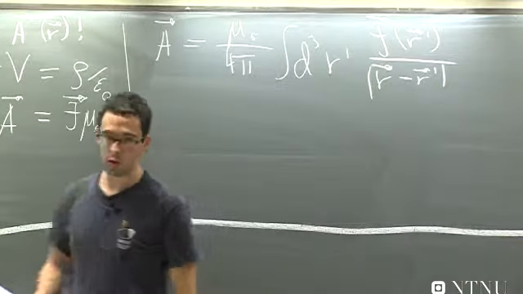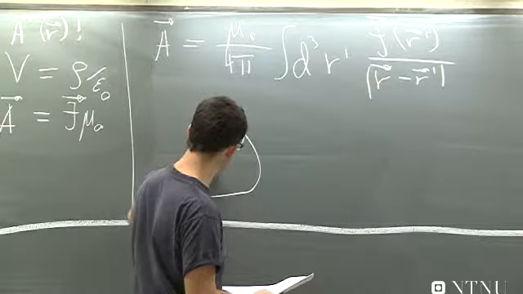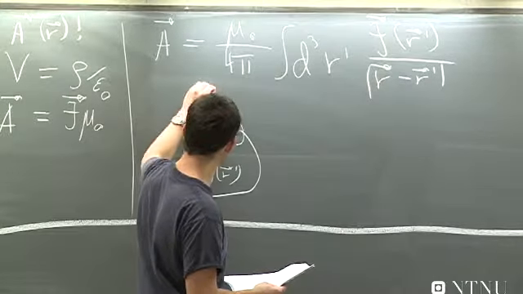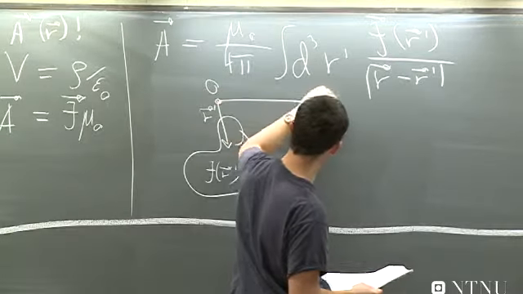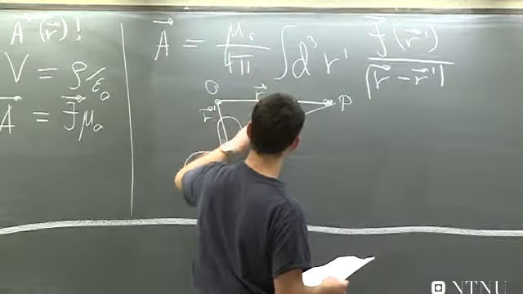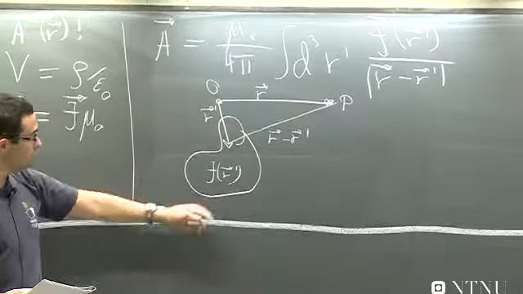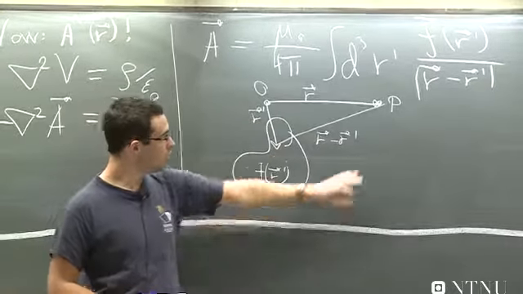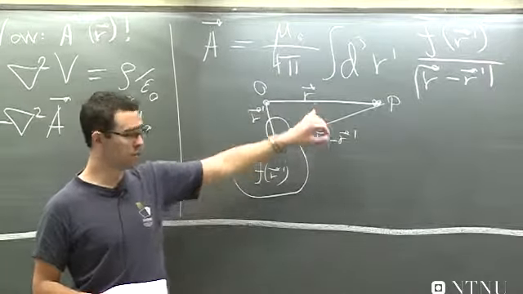We can start off by looking at the following expression for A. As always, we draw the standard figure. As we can see, we integrate over the current distribution, which is now localized in space. We're looking at the vector potential at point P, the position given by r vector.